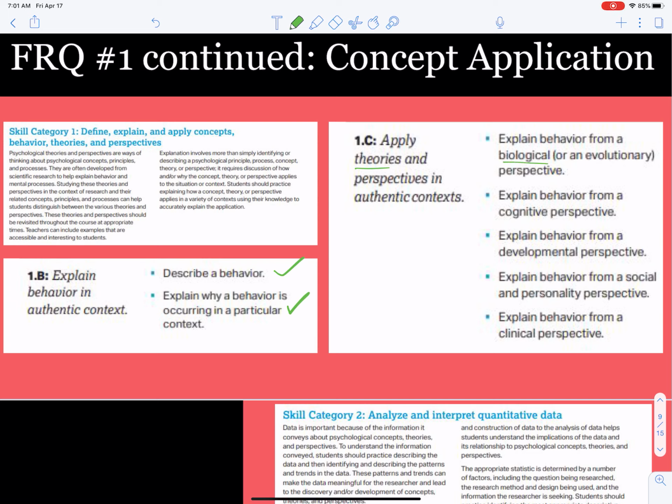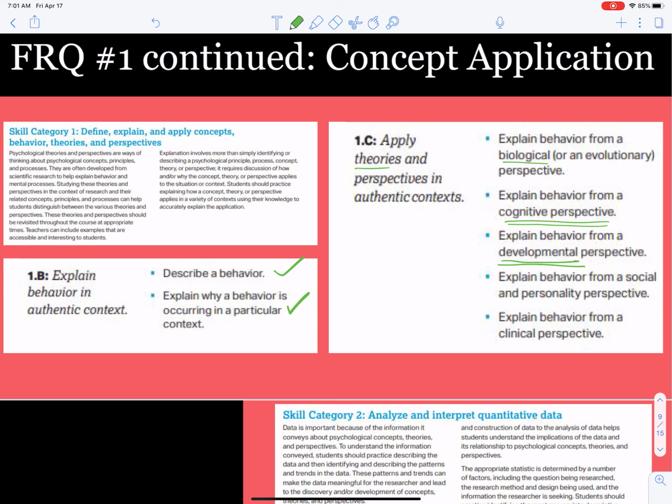The biological perspective, we can also explain behavior from a cognitive perspective, what's happening in the brain in terms of memory, maybe recall, things like that. We can also explain development perspective, where the person might be in a certain stage of development and that's why they're exhibiting certain behaviors.